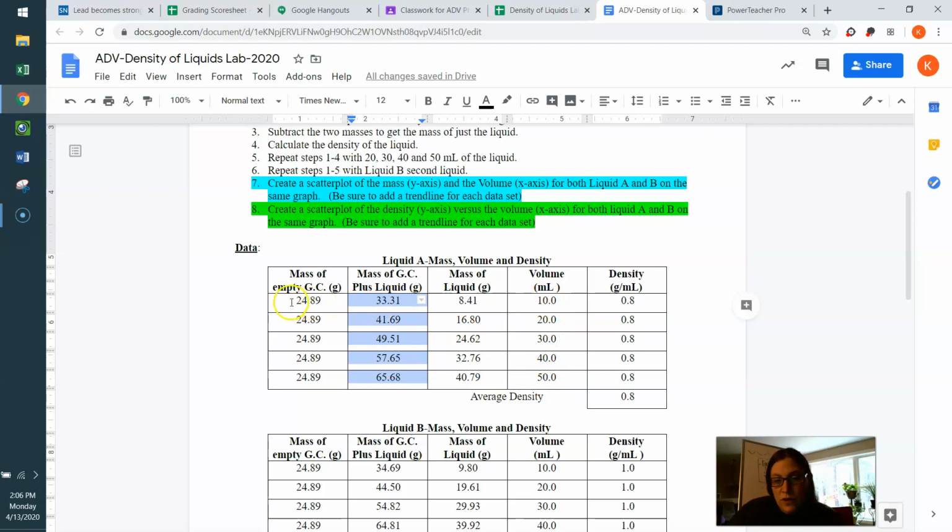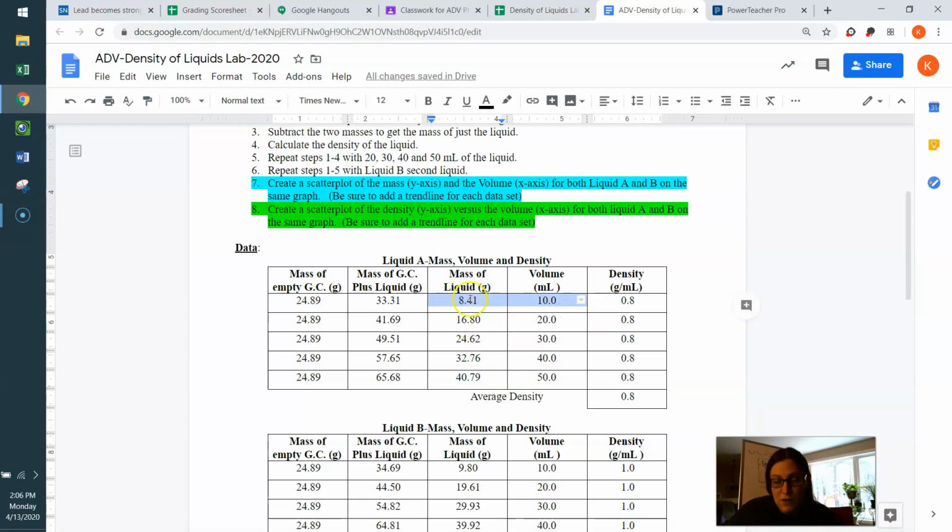And then in order to figure out the mass of liquid alone, which is really the important mass that we want to talk about here, you simply calculated by subtracting the mass of the empty graduated cylinder from the mass of the graduated cylinder with liquid. Then once you have the mass of your liquid alone, you are going to take this number and divide it by the volume.